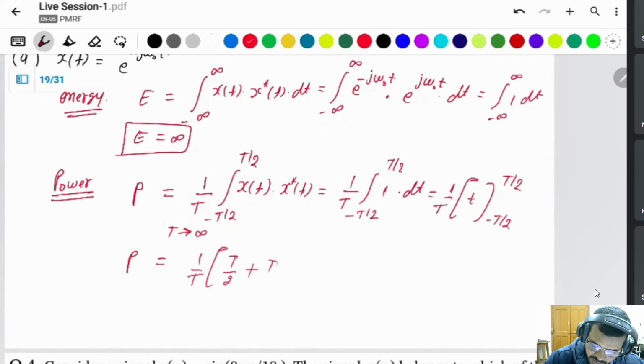Minus minus will be plus, so T by T is equal to 1 watt.